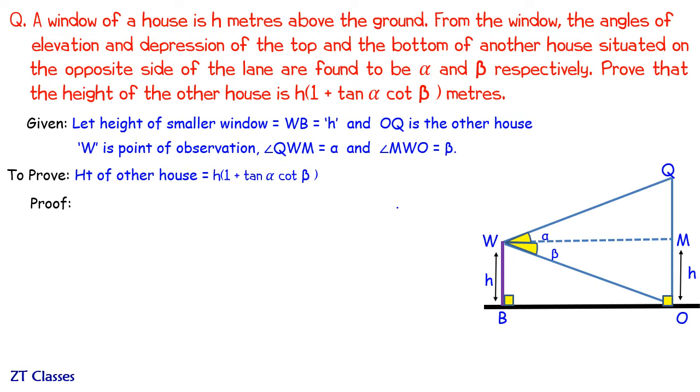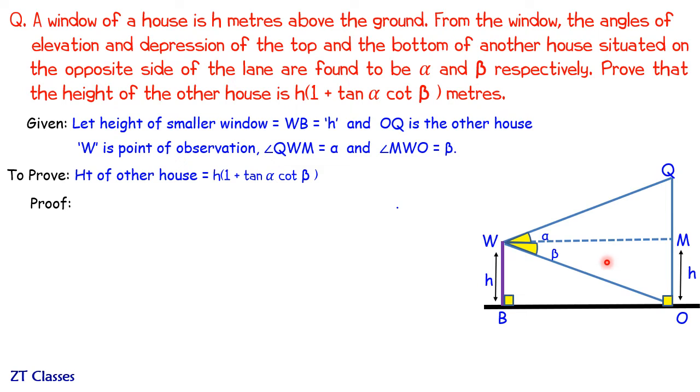Here, if you see, we have two triangles, WQM and WMO. These are two right angle triangles in which you will use trigonometric identities, and WM is common in both of them.